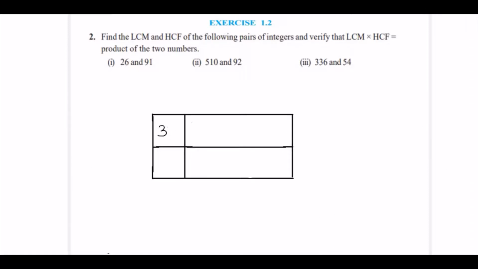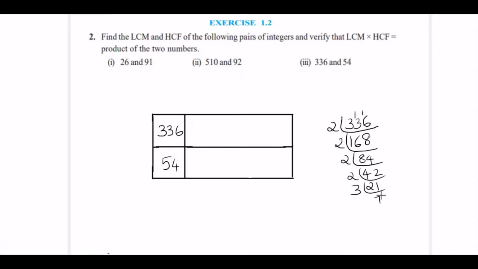Now the last pair of numbers are 336 and 54. So let's factorize 336. 2 goes 168, 2 goes 84, 2 goes 42, 2 goes 21. 3 goes 7 times. So 7, 1.